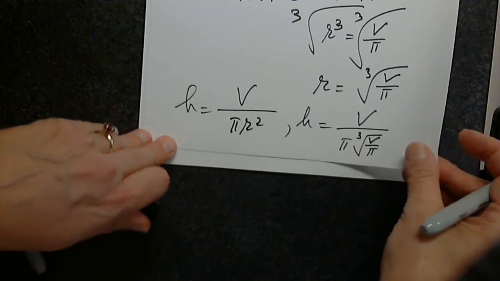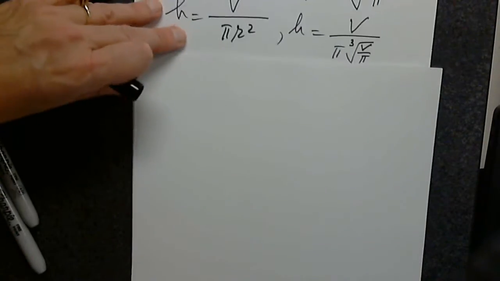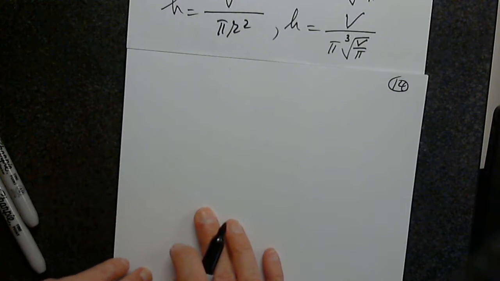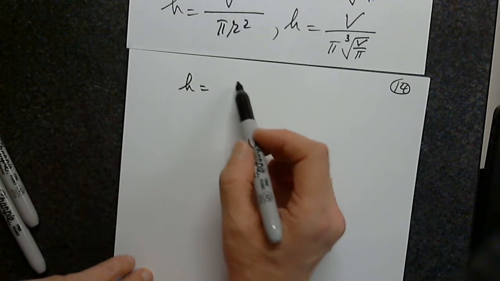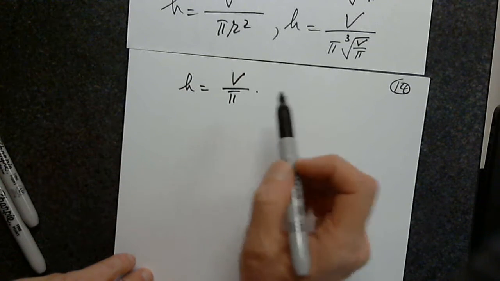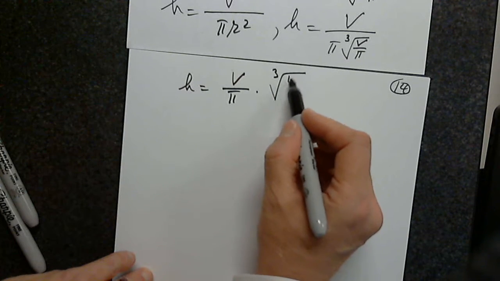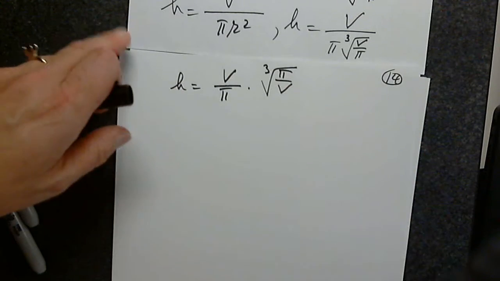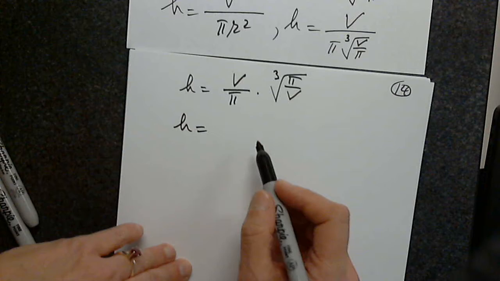We don't really care. Well, actually, they're asking us to simplify it, basically. So let's do that. So V over pi times the cube root of pi over V. I guess it's in the denominator, so I have to flip it.